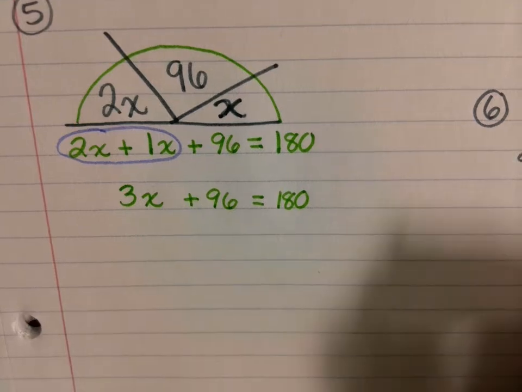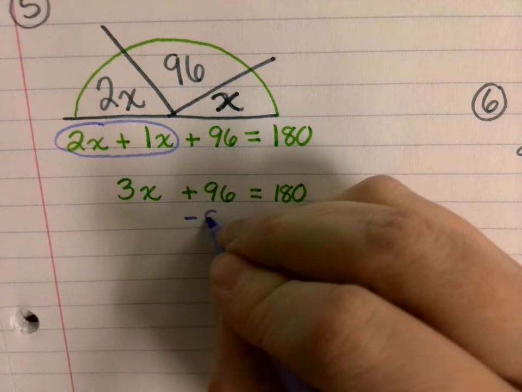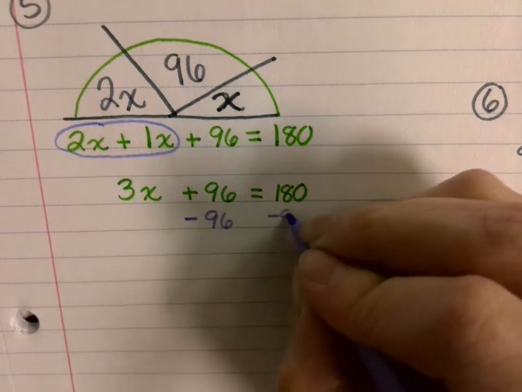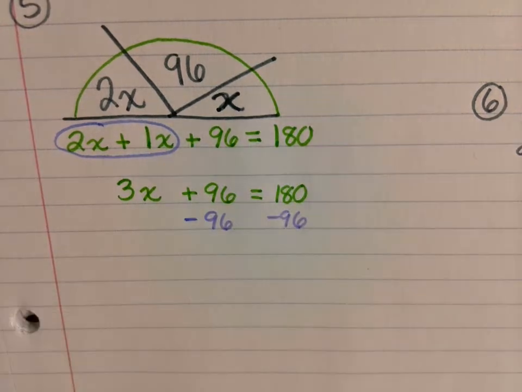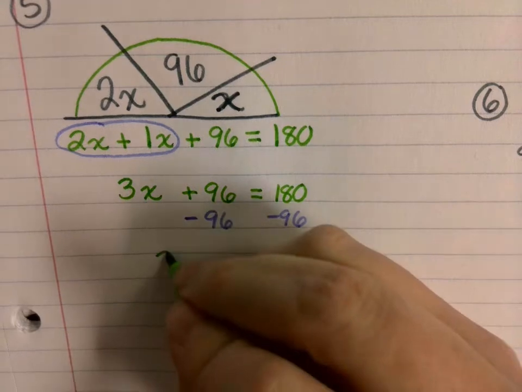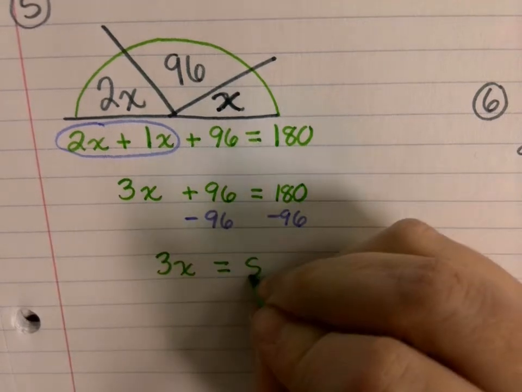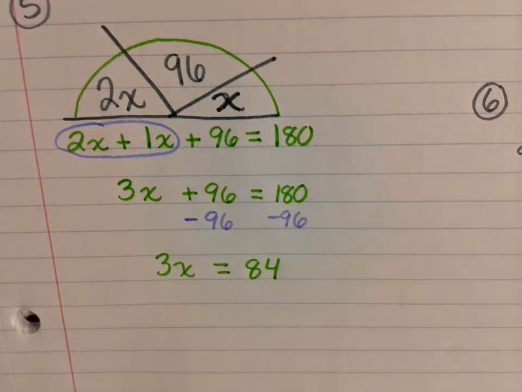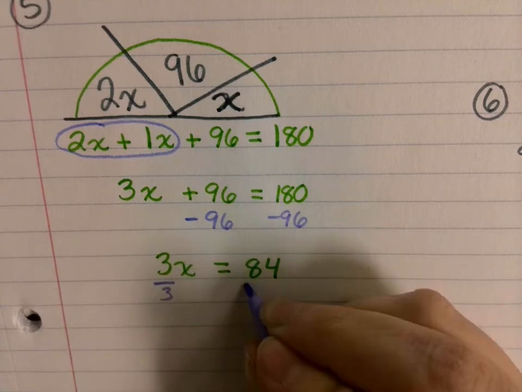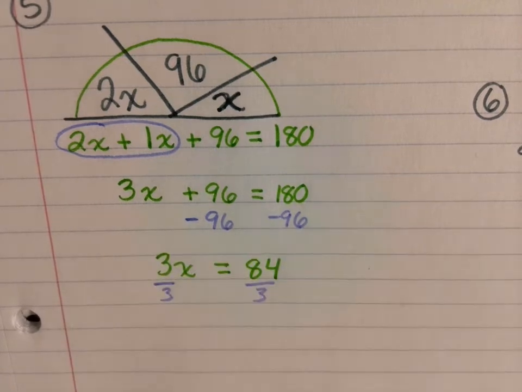So we're going to subtract 96 from both sides. That's going to leave us with 3x is now equal to 84. Okay, last step, divide both sides by 3, and we'll get x is equal to 28.